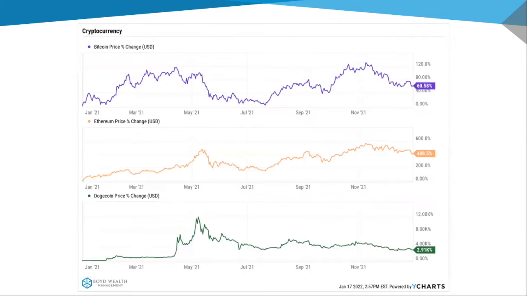Crypto, Bitcoin increased 60% last year, while Ethereum increased 400%. At one point, Dogecoin, which was created as a farce, was up 12,000% before crashing down to earth, quote unquote, and finishing the year almost 3,000% higher.